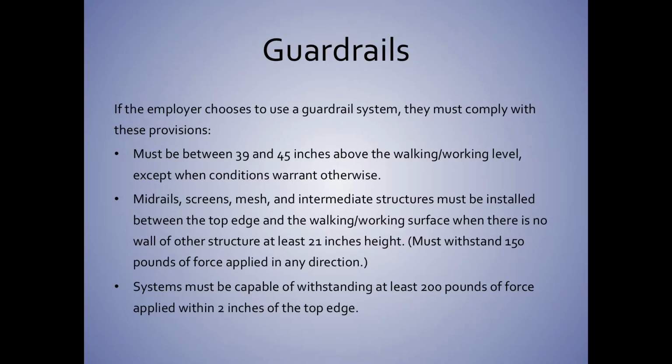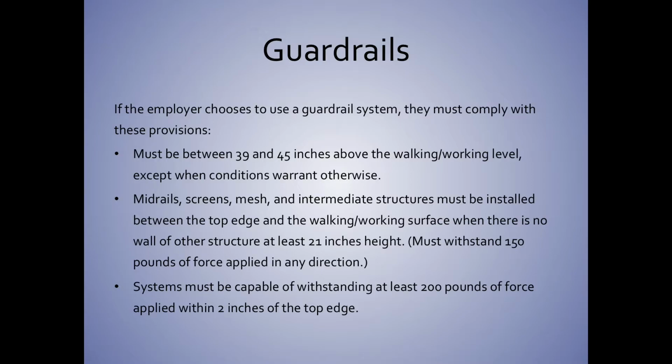Mid-rails, screens, mesh, and intermediate structures must be installed between the top edge and the walking or working surface when there is no wall or other structure at least 21 inches in height.